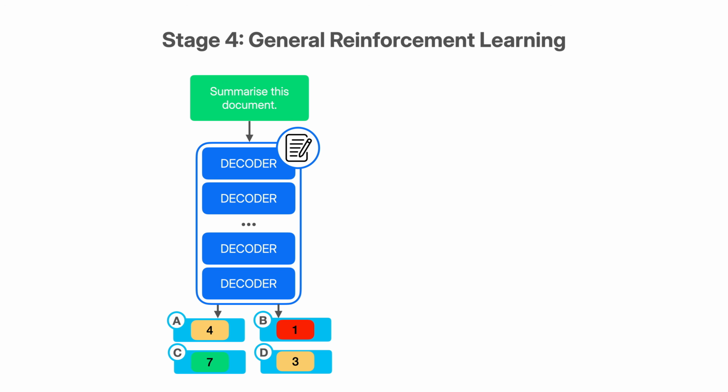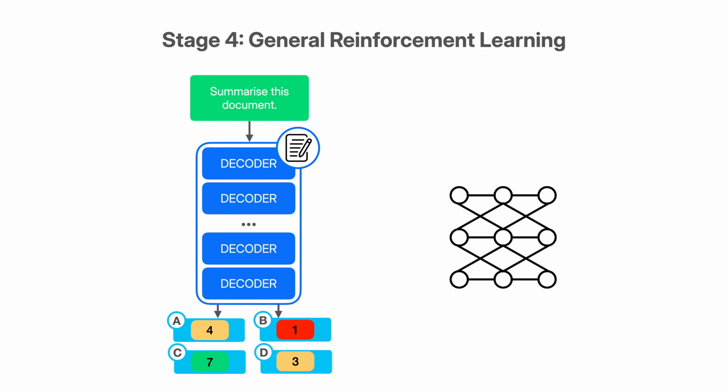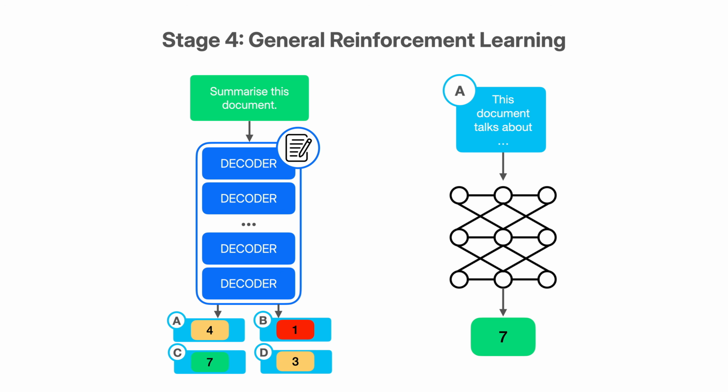These ratings are done either by human raters or a more powerful LLM in a process called LLM as a judge. And as with the last reinforcement learning step, these answer score pairs are used to train a second reward model, which can predict the overall quality of answers given by the model, not just its reasoning abilities. These scores are, again, used to update the model weights.